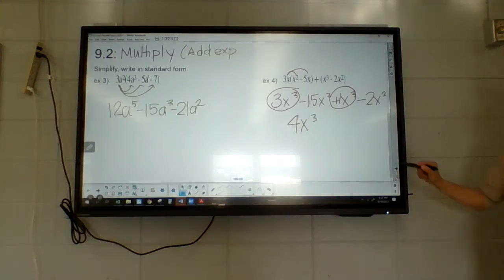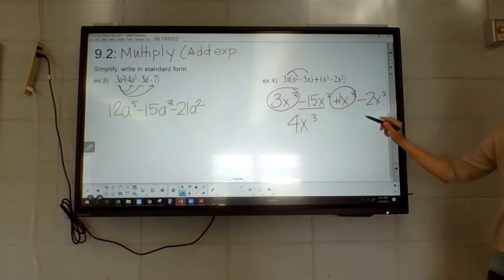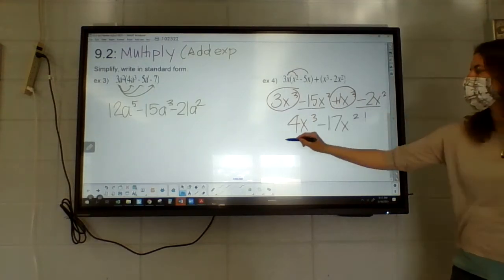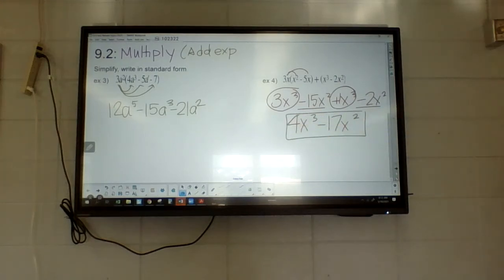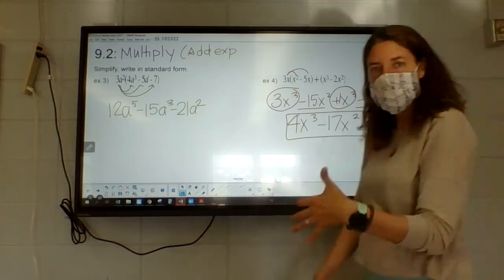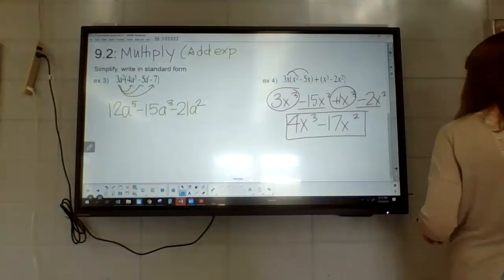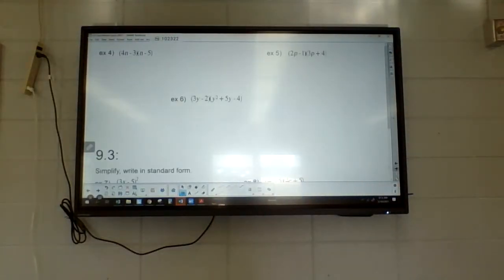And then negative 15, negative 2 is a negative 17x squared. All right, so in problems like these, we're multiplying, but then we remember that we have to combine like terms and change our rule there for that.